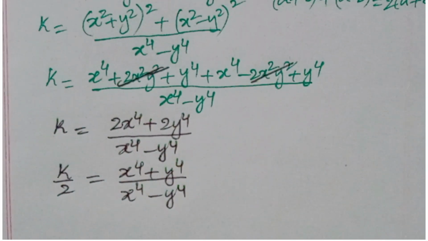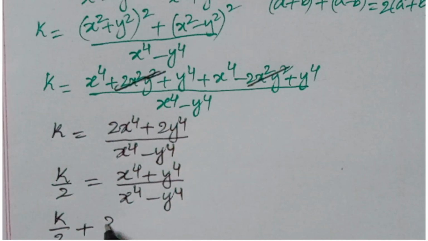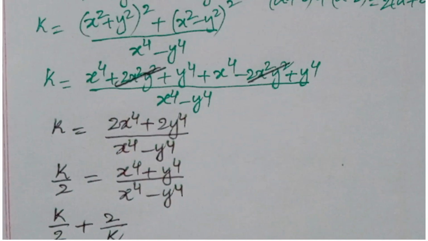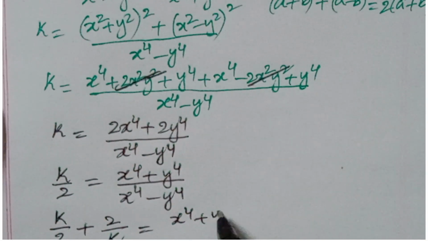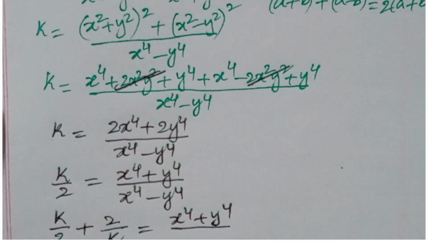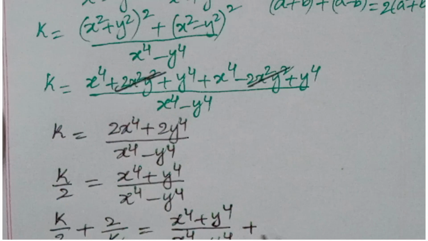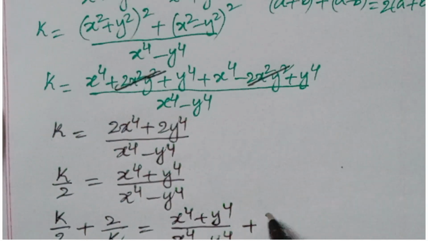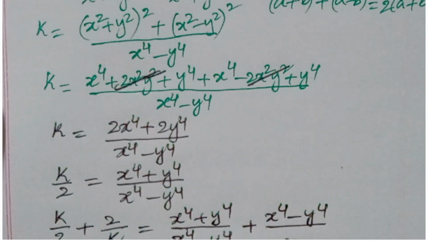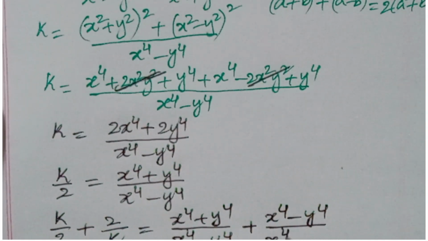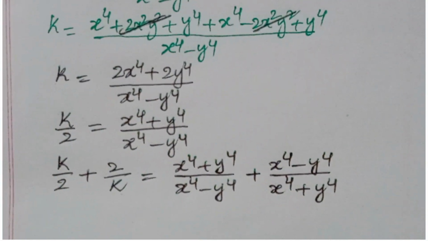So here, k/2 plus 2/k. This is the logic in this problem. So (x⁴ + y⁴)/(x⁴ − y⁴) plus the reciprocal of this, (x⁴ − y⁴)/(x⁴ + y⁴).